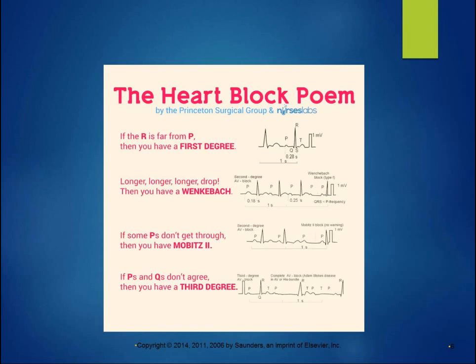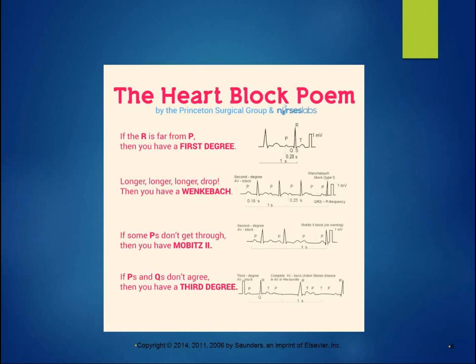Looking at the EKG, they say if the R is far from P, then you have a first degree. The R is the peak of the QRS, and that is the ventricular contraction. The P is the atrial contraction. So if the R is far from the P, then you have a first degree. There's a delay.